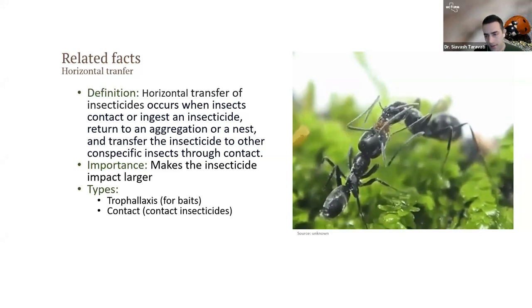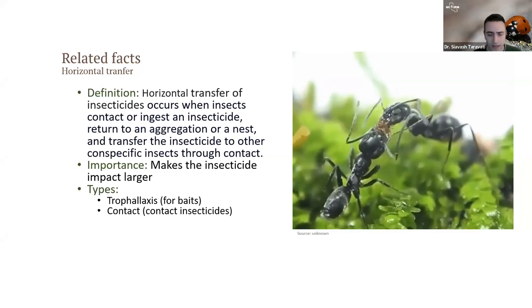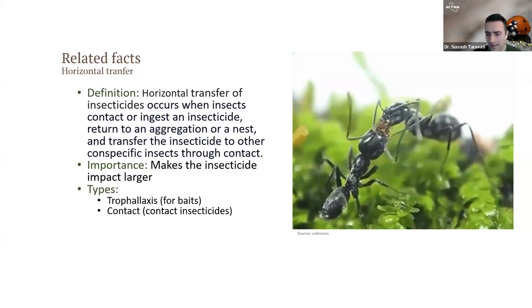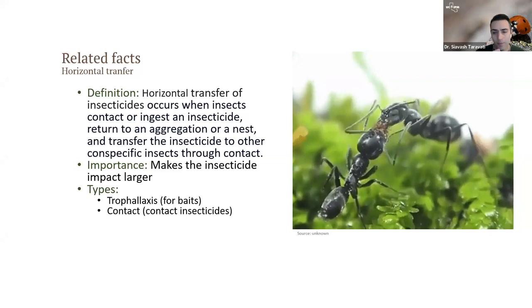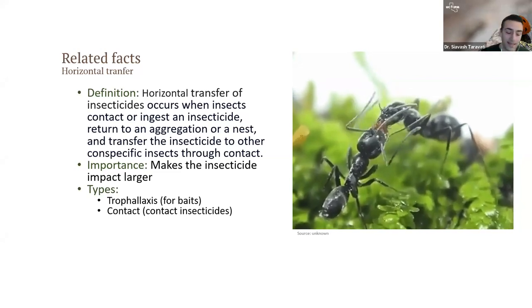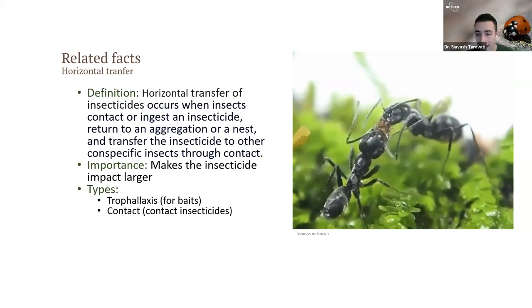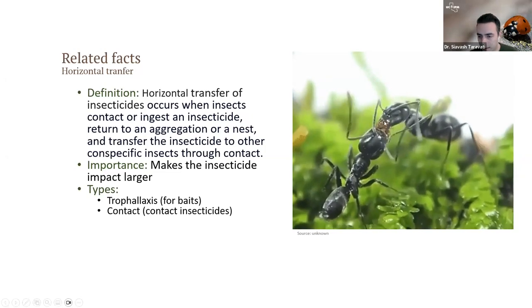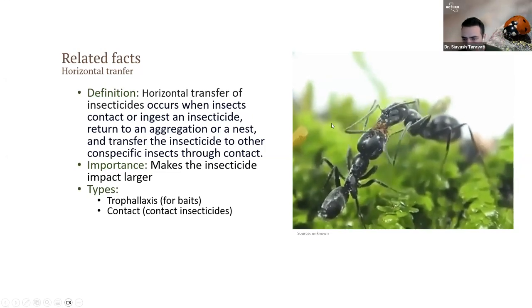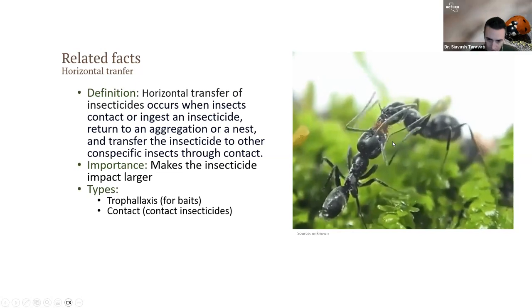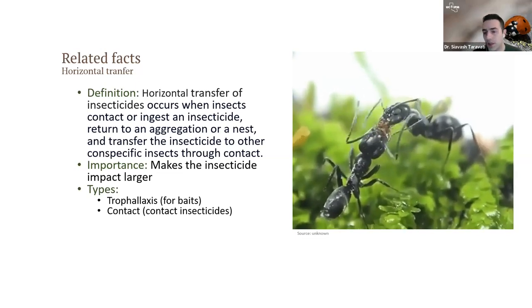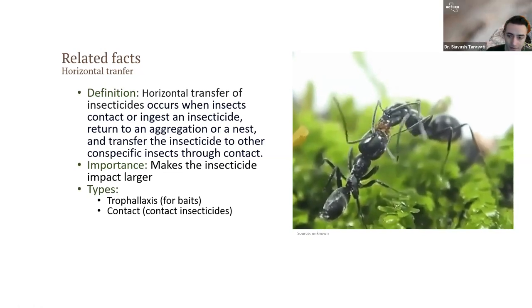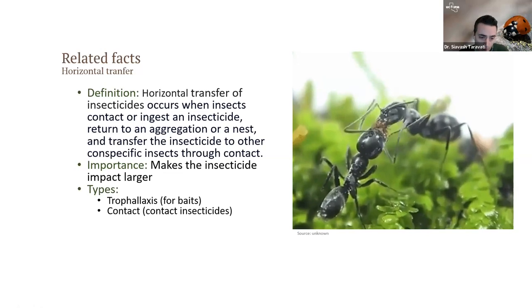So in ants, in pest control, we have this horizontal transfer phenomenon, which occurs when an ant gets exposed to a pesticide, either by feeding on a bait or by just passing over a treated surface, and then they come back to the nest and exchange food, like this animated GIF showing trophallaxis, or they just touch each other with their antennae, groom each other, and that's how they pass the active ingredients to other members of the colony.